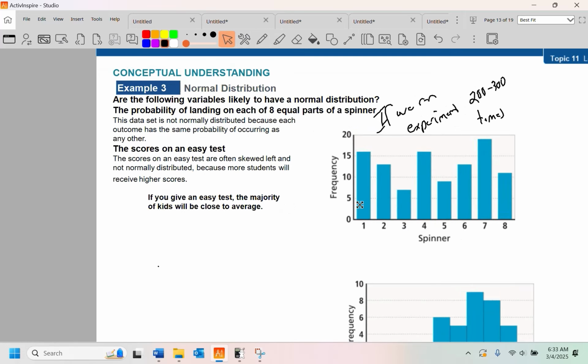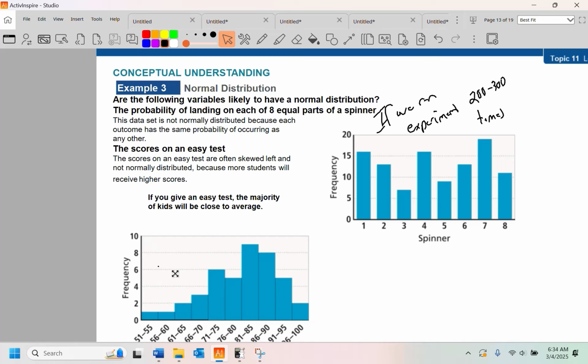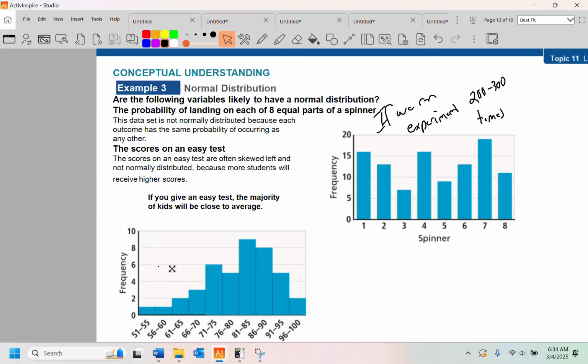So that is what this histogram is. Now, they are skewed left, but not normal. More students get a higher score, but still not going to be able to do this.